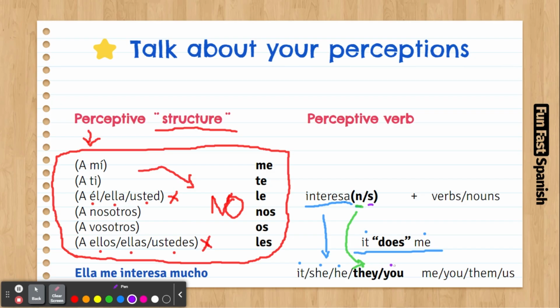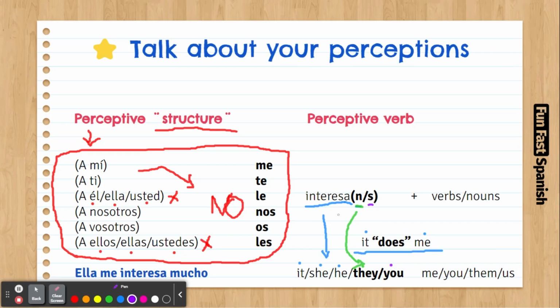Now, this is just an example with the verb interesa, right? But we can also use the verb to bother. A mí me molesta, a ti te molesta. So the same thing happens here. If what is bothering you is a third person, it's ella me molesta, o él me molesta, o eso me molesta. It's a third person singular.